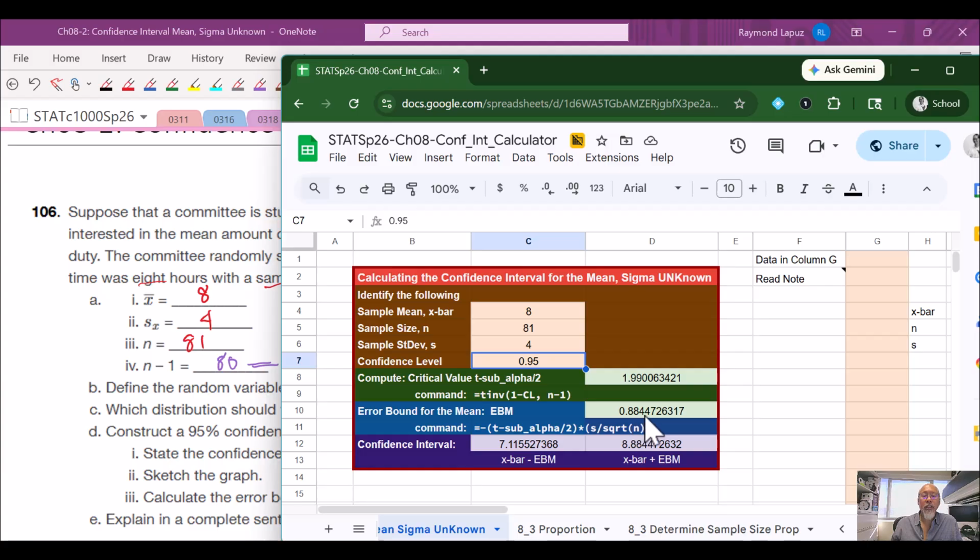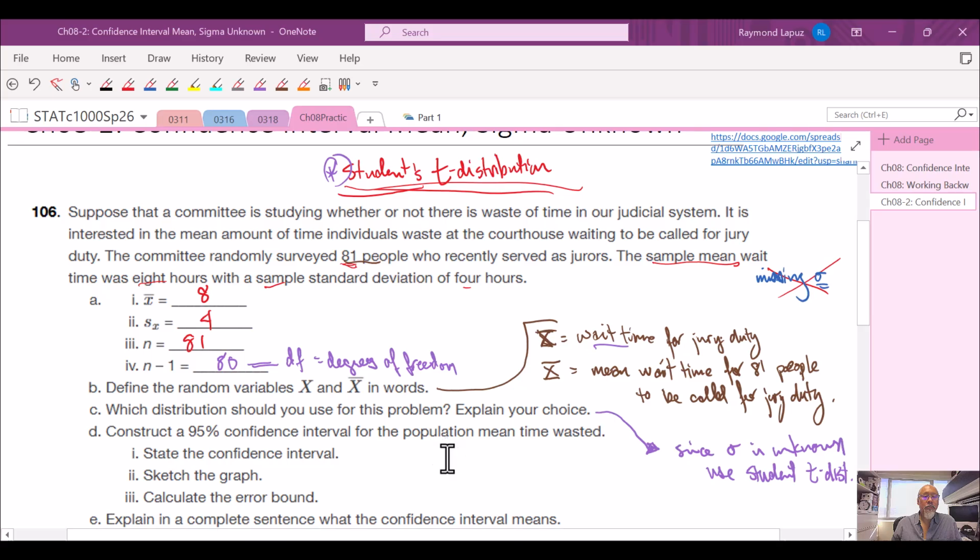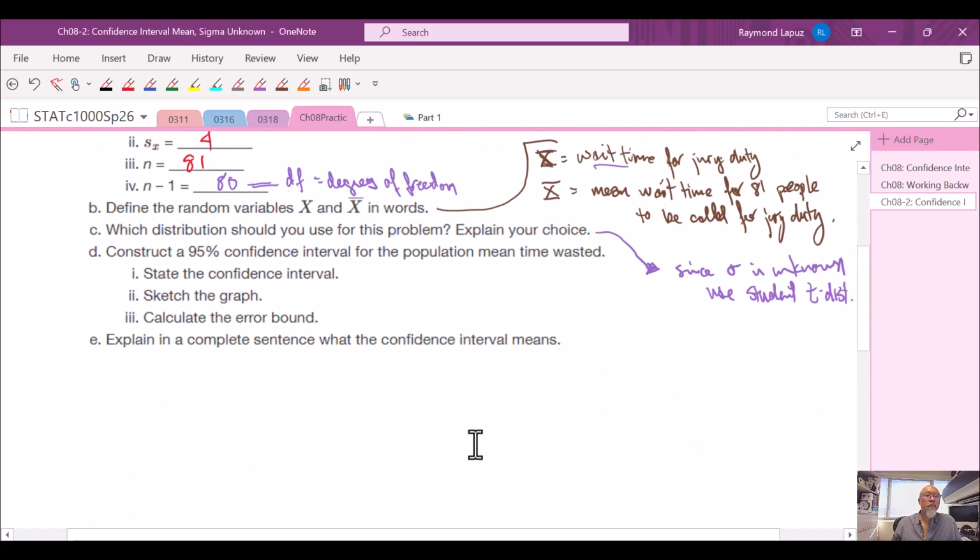And then the error bound for the mean is going to be based on the mean plus and minus the error bound. So the X bar was 8, and then we subtract and add, and so we get these numbers, 7.116 and 8.884. Okay, so we'll write all those pieces of information down.